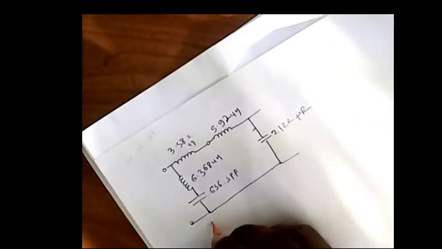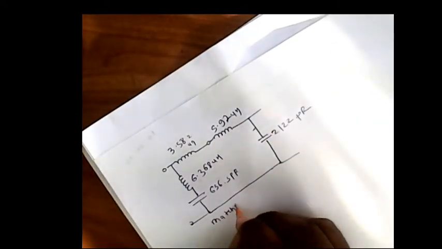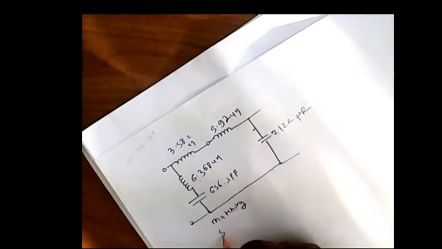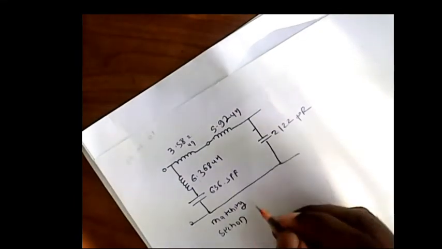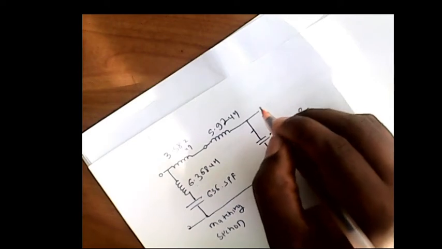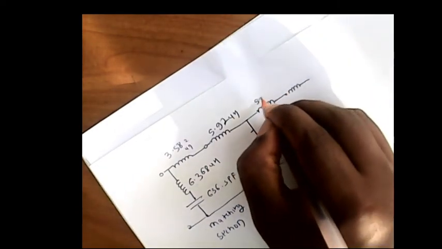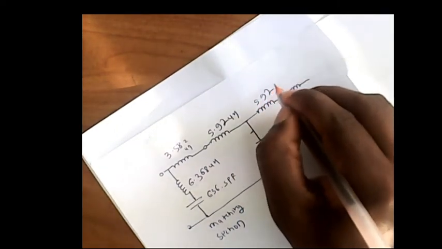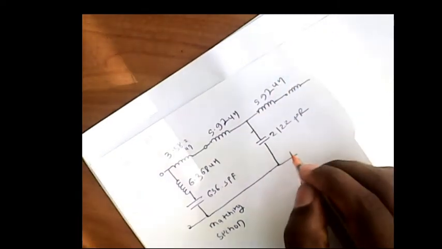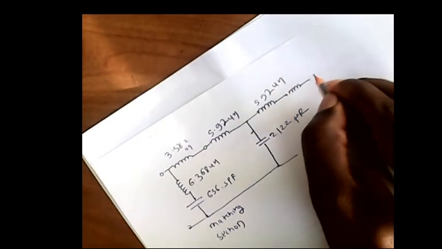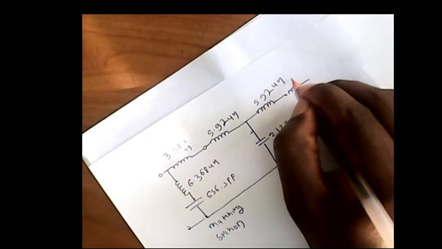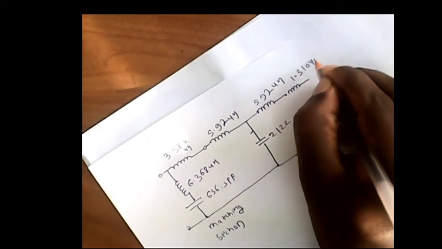So this is for the matching section. The value picked up from the constant K section is 1.310 microhenry.